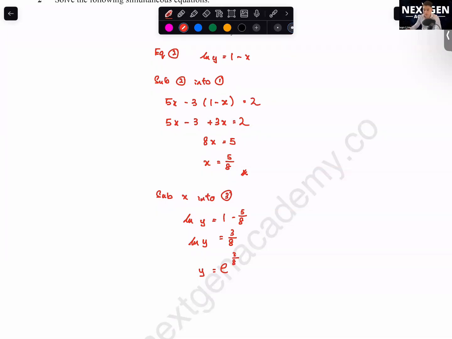You can put it into decimal also. You type in the calculator e to the power of 3 over 8. It will be 1.45, not 1.46. You look at the value, when you round it, it's 1.4549. So 1.45. Okay, good. Give me a 1.